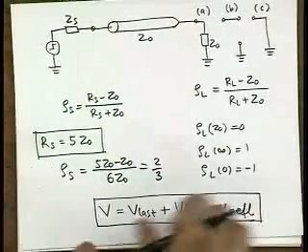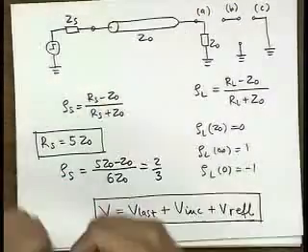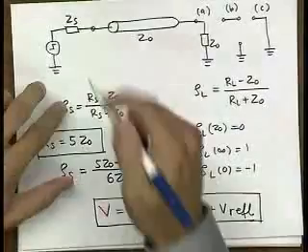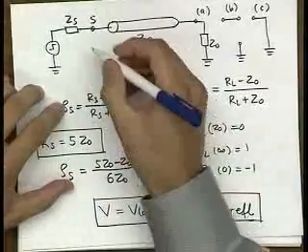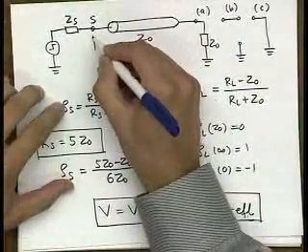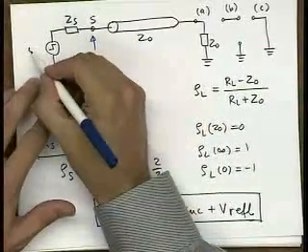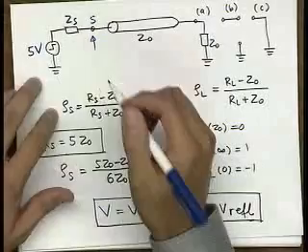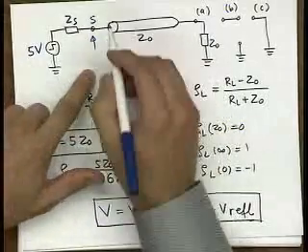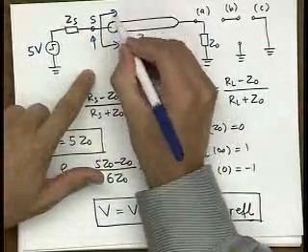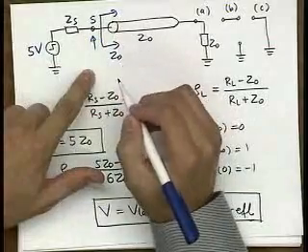So now what really happens over here is that if you look at the source side, this voltage is basically your voltage divider. If you apply an initial step, let's say of 5 volts, then looking into the transmission line, you see only Z0.